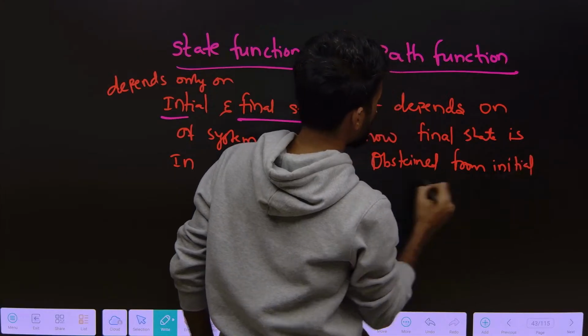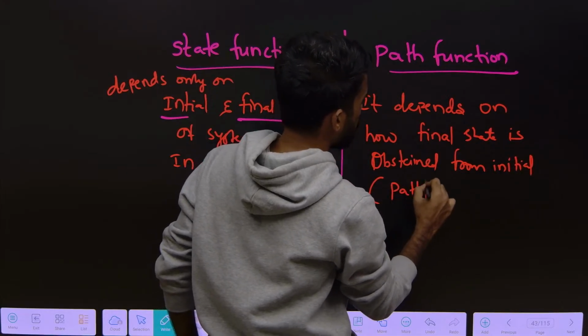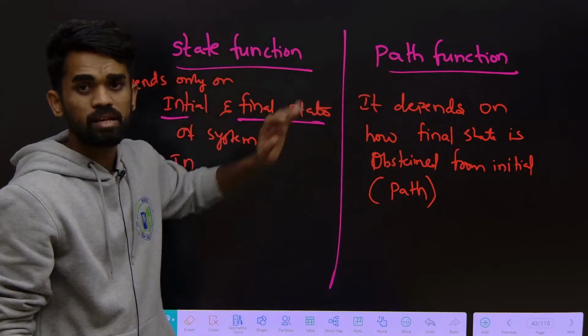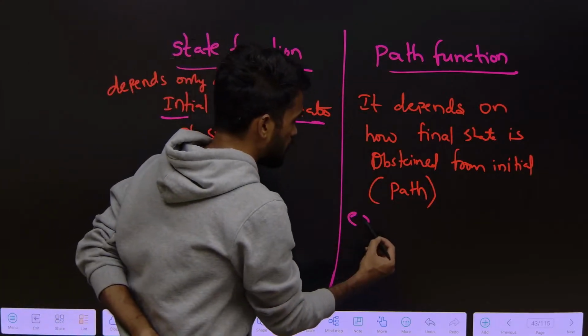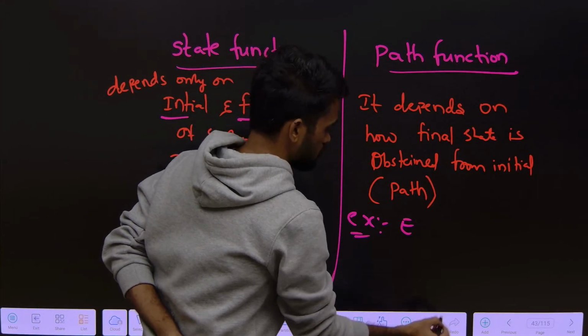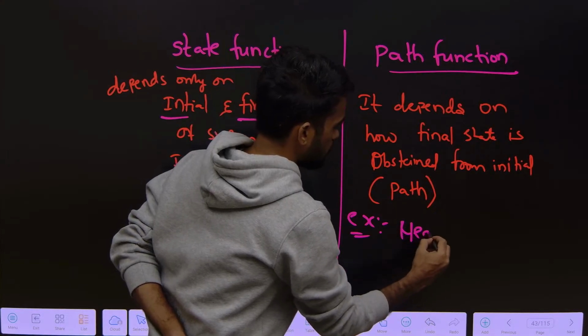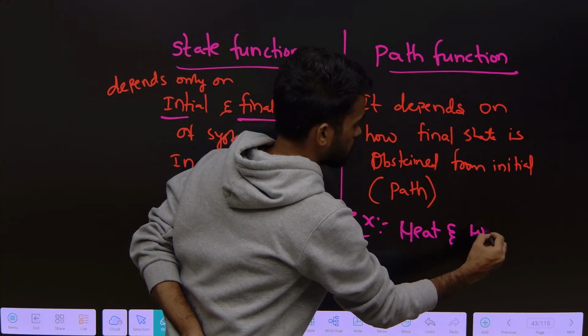It means it depends on the path followed by the system. That's what we are calling a path function. So the best examples here are heat and work done.